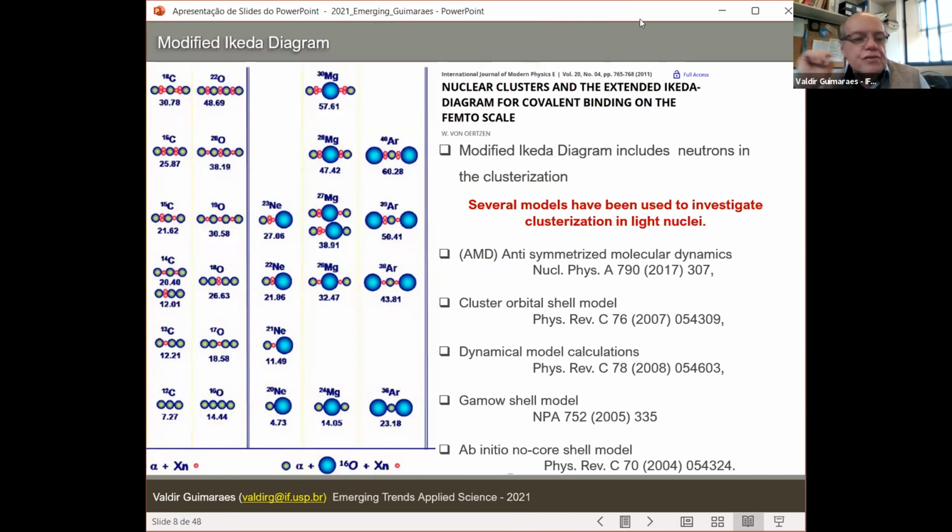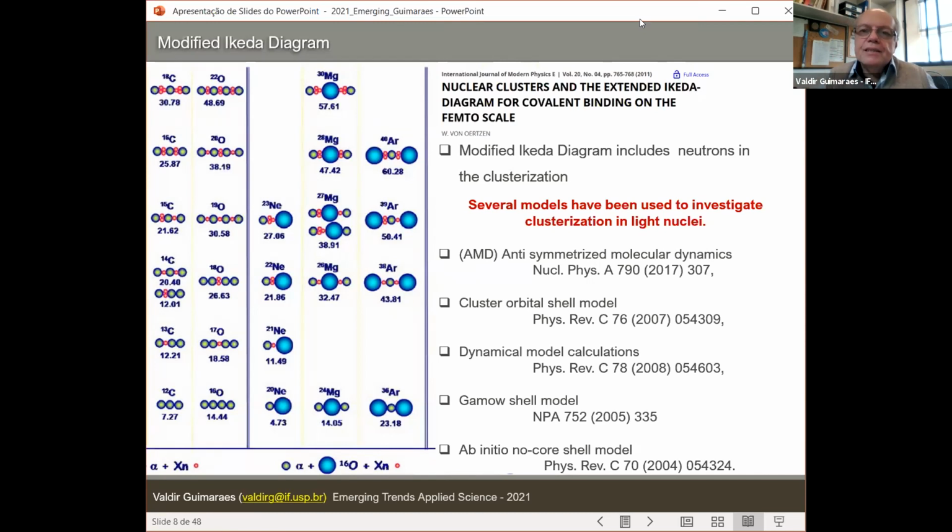The idea is to investigate the structure of magnesium 26, because magnesium 26 is very important for the neutron production in supernova and AGB stars. They have this neon 22 alpha n reaction to magnesium 25. So the compound nucleus is magnesium 26.